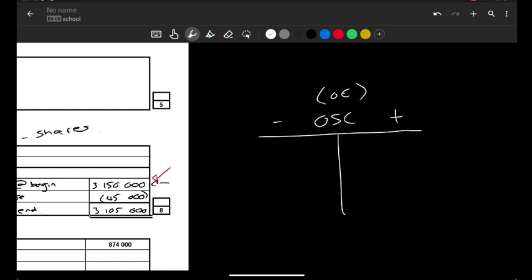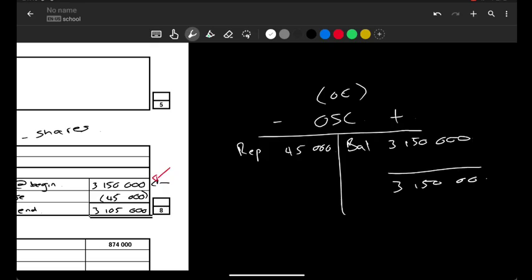Then we're going to have our balance there at the beginning, which is 3,150,000 rand, and we're going to have our repurchase of shares for 45,000 rand. Then which side is bigger, the 3,150,000, of course. Take it to the other side, 3,150,000.